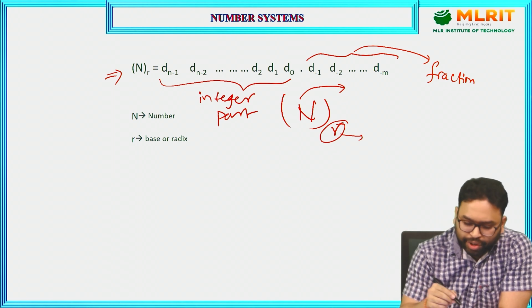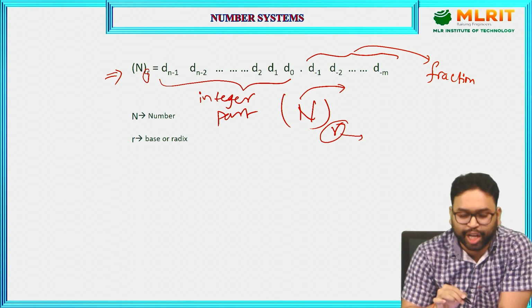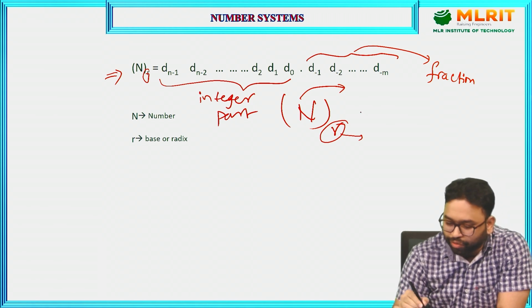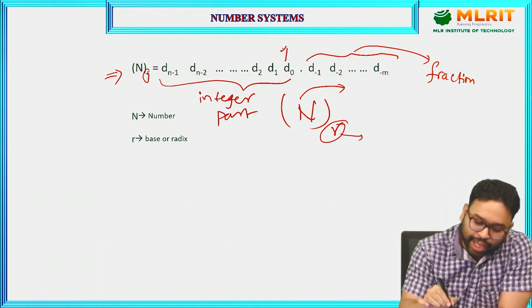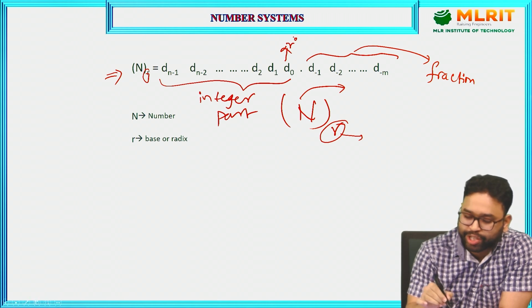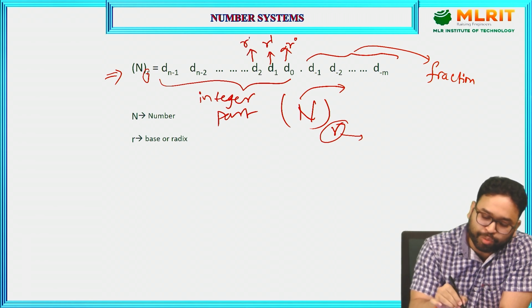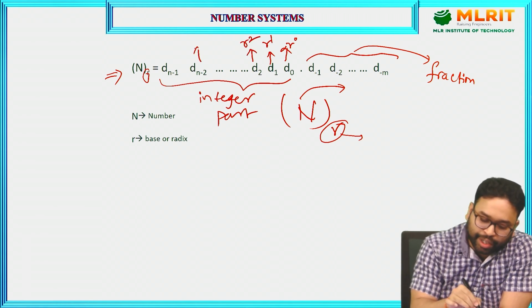Okay, if you look at this one, for example, my base value here is r. For this digit, I can indicate its weight as base to the power 0, and here I can write base to the power 1. In the similar way, here I can write base to the power 2, and here base to the power n minus 2, and so on.